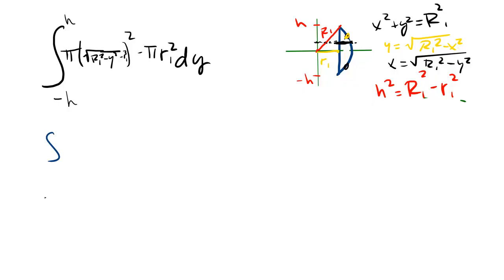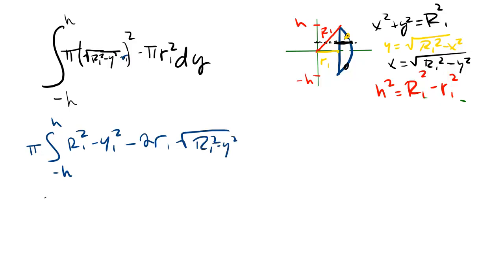Let's do some solving here. I'm going to pull out the pi. I'm just going to leave these alone for a moment. Let's FOIL that. So we end up with R1 squared minus y squared minus 2 times little r1, oh, I apologize, there should not be a squared on the inside of that, times root R1 squared minus y squared, minus little r1 squared.